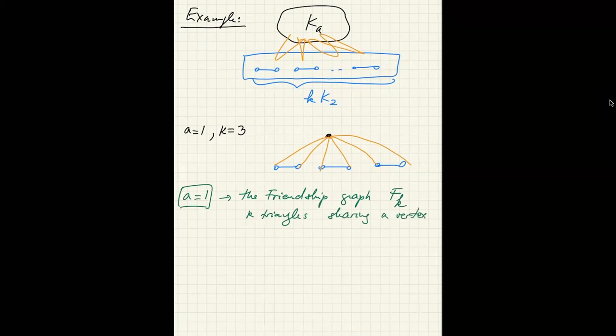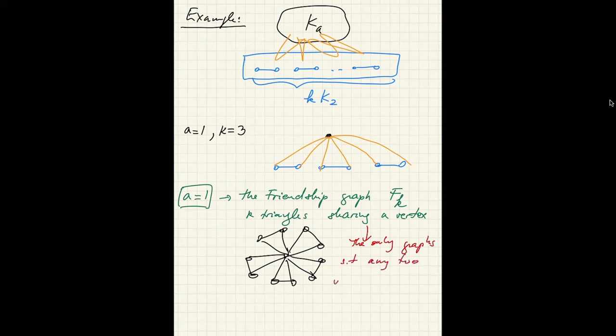So in our situation, you have that, but you can have more. And we'll prove this in one of our future lectures, that the friendship graphs are the only graphs with the property such that any two vertices have exactly one common neighbor.